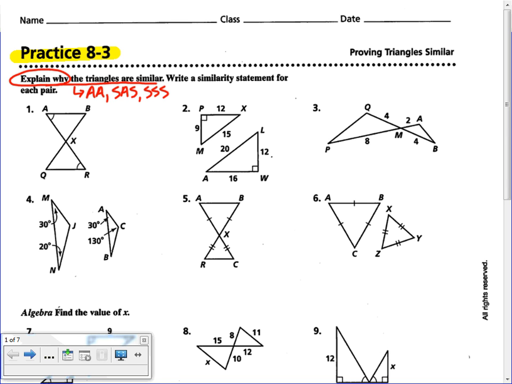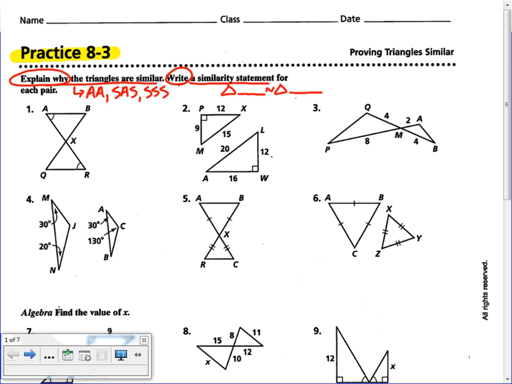So I am going to go under the assumption that problems 1 through 6 show all similar triangles. And I have to tell which method they used to prove that. And then after that, I have to write a similarity statement, which in my mind looks like triangle such and such is similar to triangle such and such. So there's going to be 2 pieces to my answer.